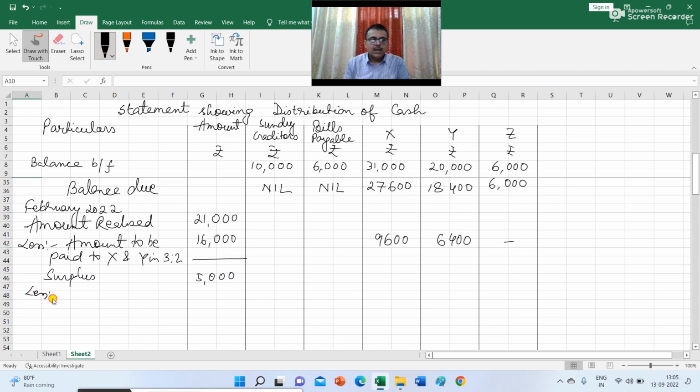So less 5,000 to be distributed in 3 is to 2 is to 1. So 2,500 will be paid to X, 1,667 will be paid to Y, and 833 will be paid to Z. So you can see here that 12,100 is the amount paid to X out of realization of 21,000 in February 2022.